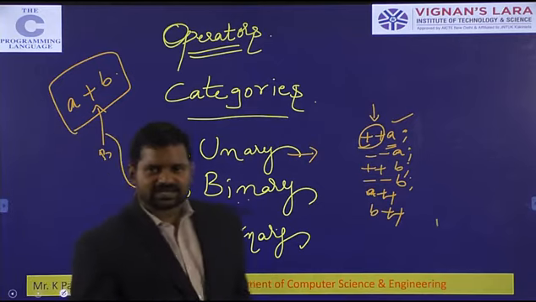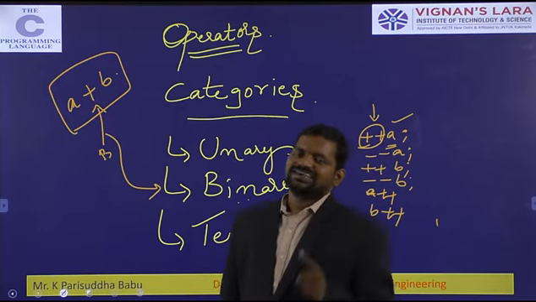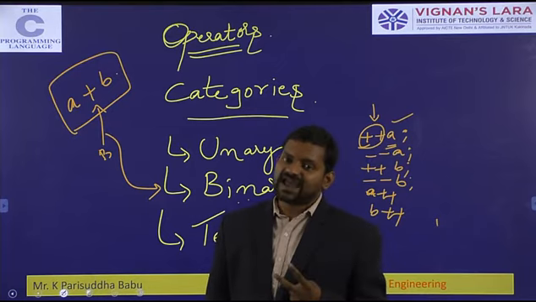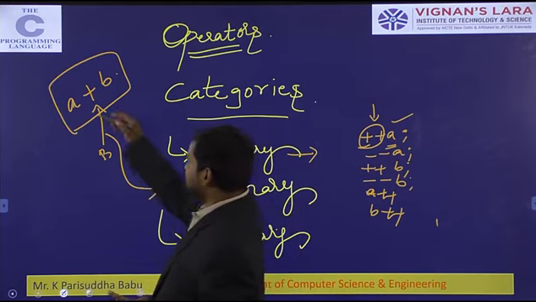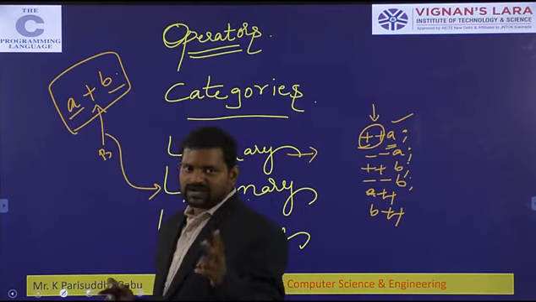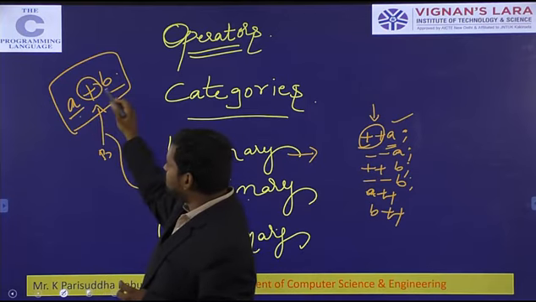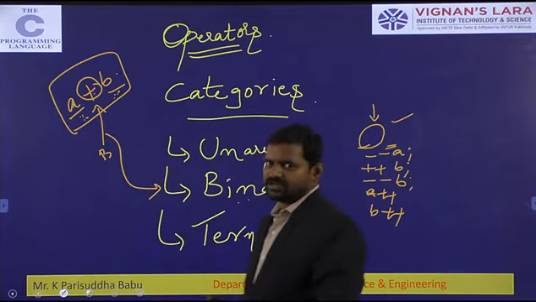An operator acting on only one operand is a unary operator. An operator acting on two operands is called a binary operator. A is one operand, B is one operand, and plus is an operator acting in between the two operands, so it is called a binary operator.